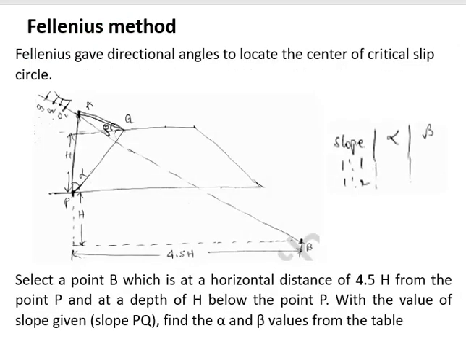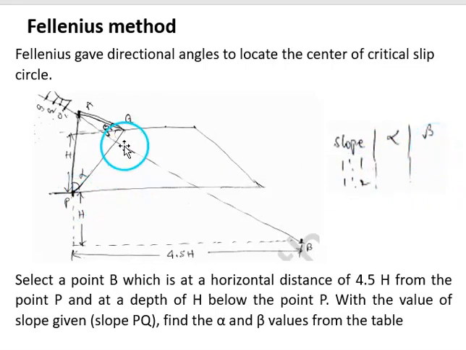Fellenius method. This method is given only to locate the center of the critical slip circle. So here, suppose PQ is the slope. Then there is a table given by Fellenius with respect to different slopes. He has given the values of alpha and beta in the form of a table.